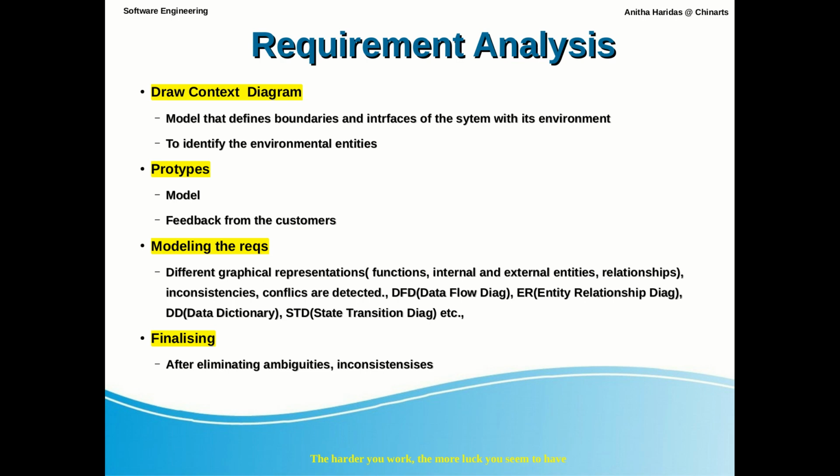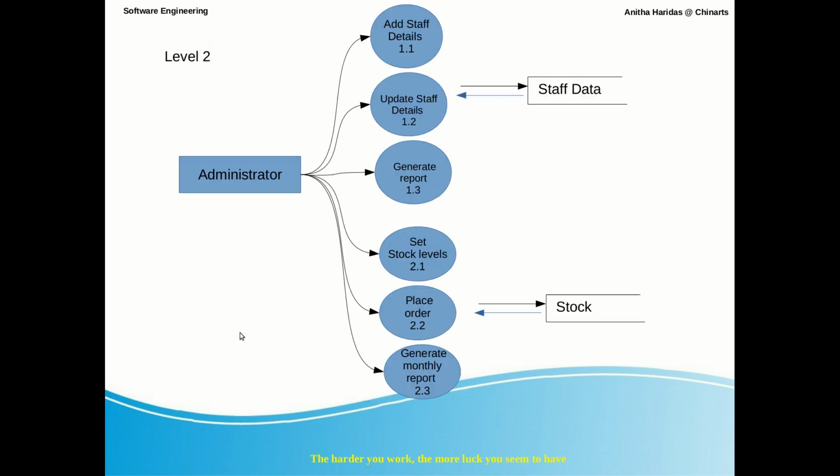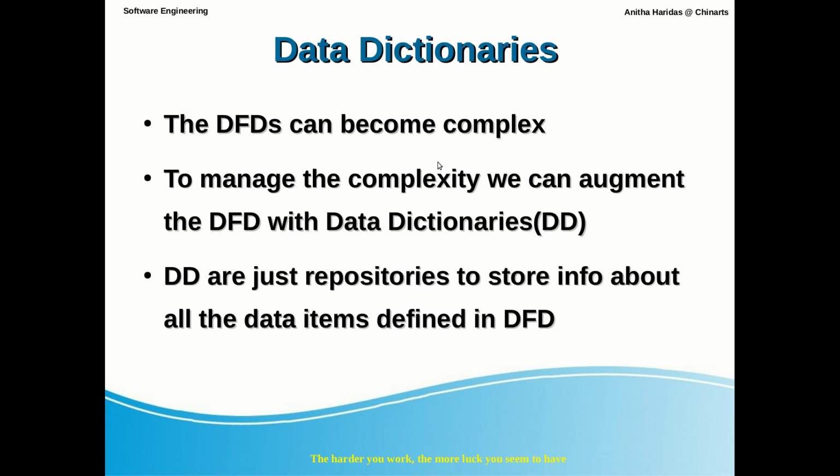Then now we are going to talk about what is a data dictionary. What is the purpose of data dictionary? Data flow diagrams sometimes will become more complex. You have lots of leveling, lots of processes available, etc. To manage this complexity, what we are going to do, we are going to augment the data flow diagram with data dictionaries.